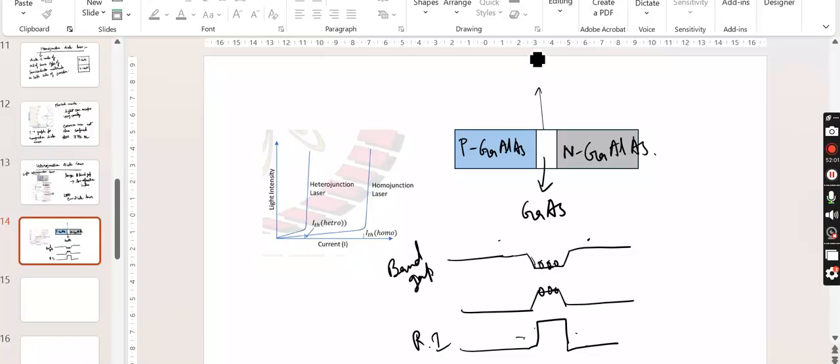So here we can see that the homojunction laser has almost more than double the threshold current, where it crosses the LED area and goes into the laser action.